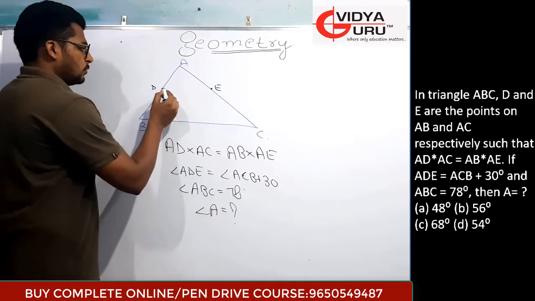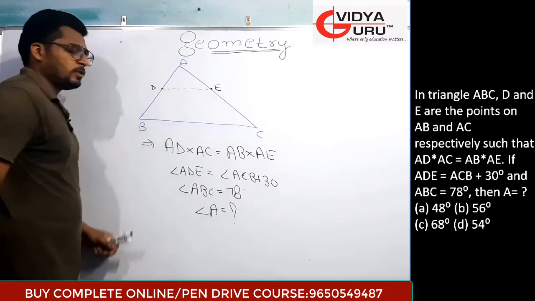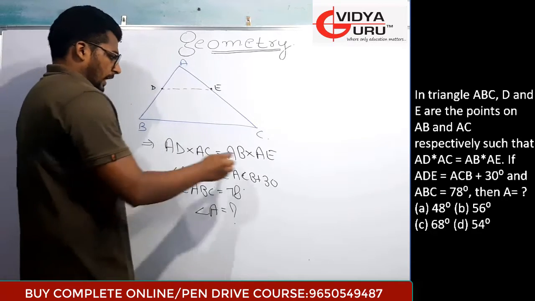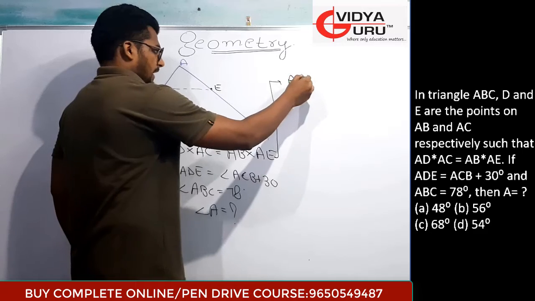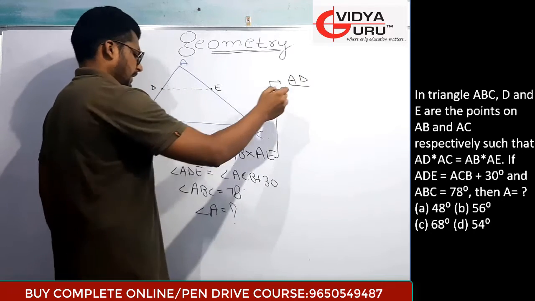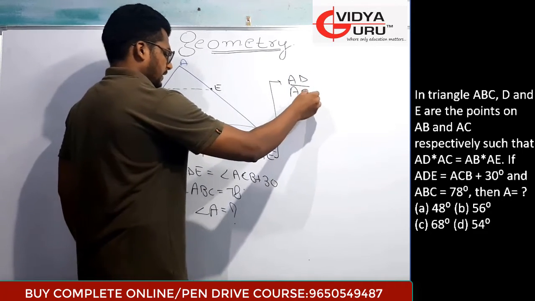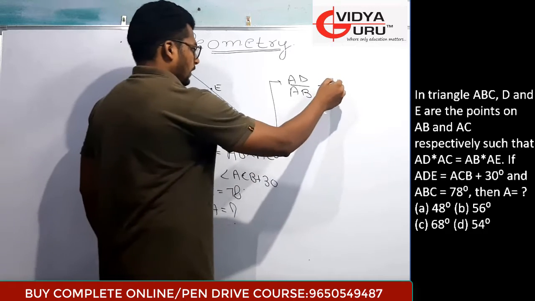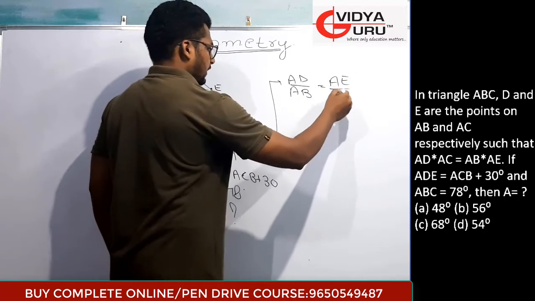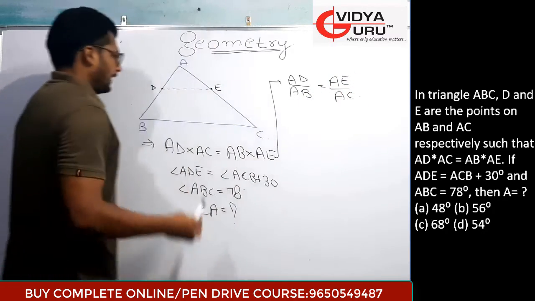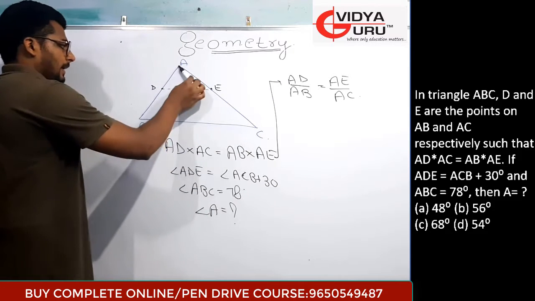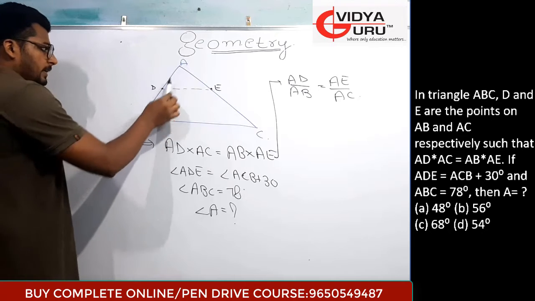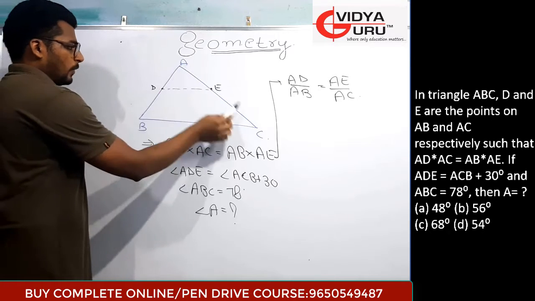If I join these 2 points, and according to this condition, I can write it as AD upon AB is equal to AE upon AC. That means in triangle ADE and in triangle ABC, AD upon AB is equal to AE upon AC.